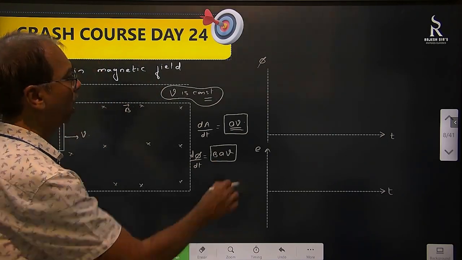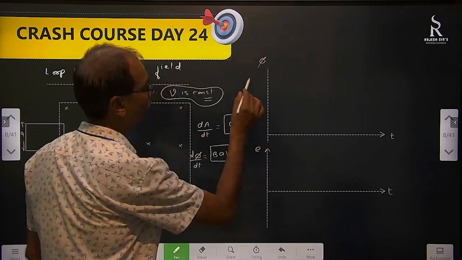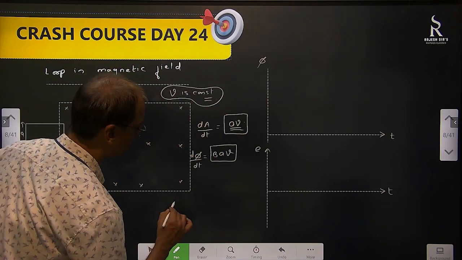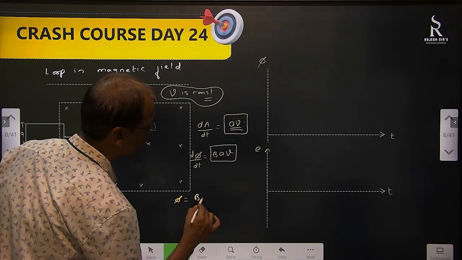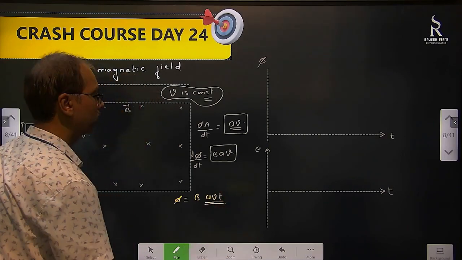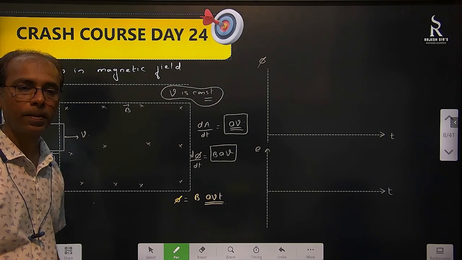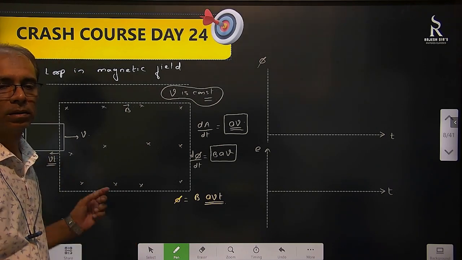But I have to make two graphs over here. One graph is for φ. What is φ? φ is B into area, and area is a into vt. With every second, this is increasing.